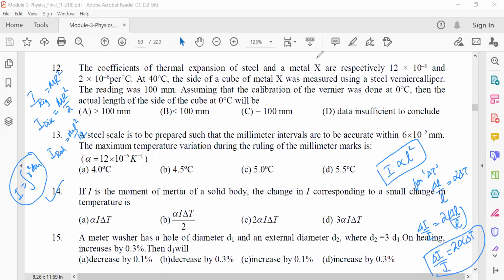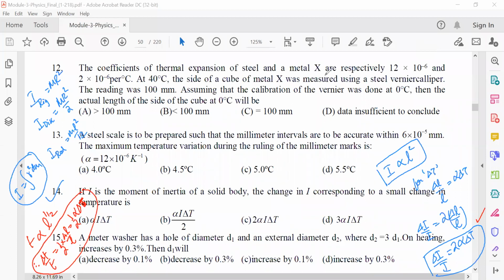The time period was proportional to length to the power half, or square root of L. Therefore, the fractional change in time period was half of the fractional change in length, so that was 1 by 2 alpha delta t. This was also one more important formula we've seen earlier: variation of time period of a pendulum with temperature change is half alpha delta t, whereas for moment of inertia it is 2 times alpha delta t.